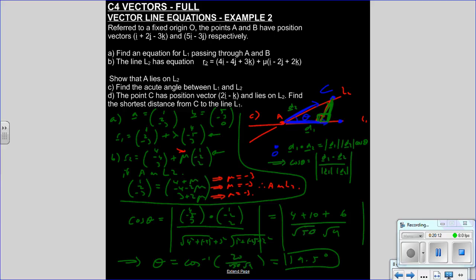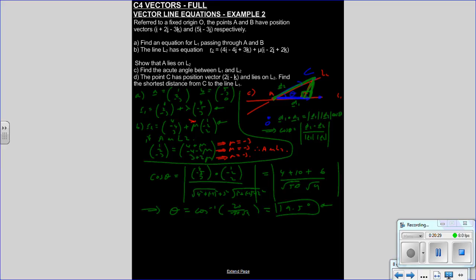We already know what that value of C is, and we know what A is, don't we? So can you see we've got a triangle here. We know an angle, which we just found here. So therefore, we've got a triangle like this. All we need is the length of the hypotenuse, but because we know what A to C is, can you see we can now find the magnitude of A to C?